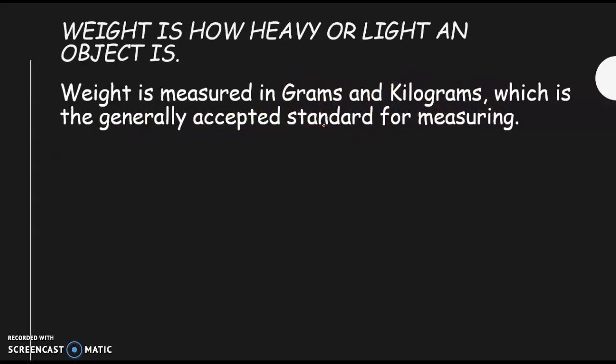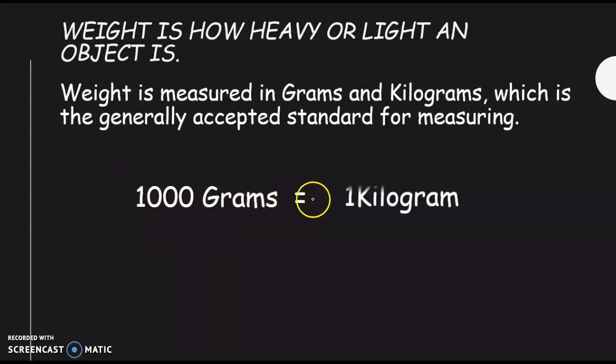So wherever you are, in any part of the world, this is the standard of measuring weight. So when you are asked, what is the standard unit of measuring weight? You say it is grams and kilograms.